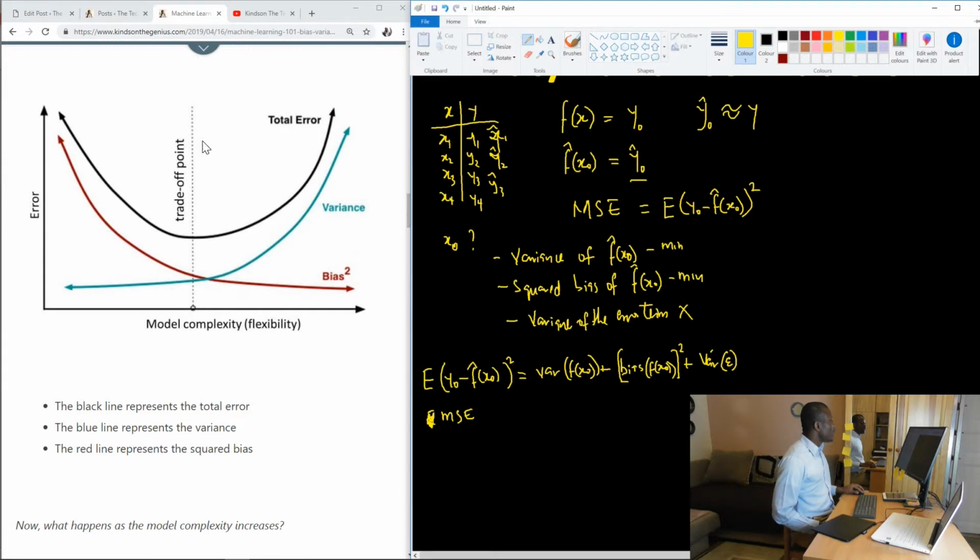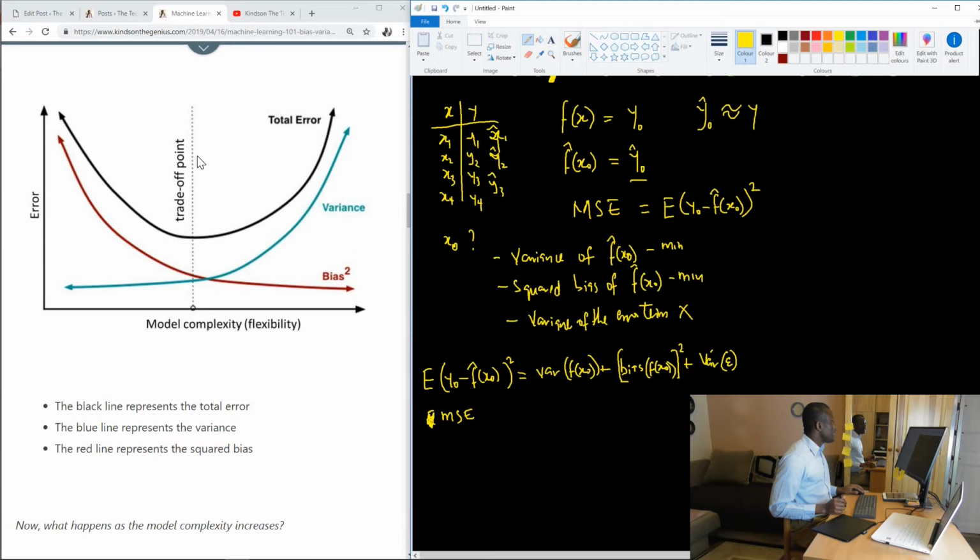Okay, so this middle point where you have the lowest total error is called the trade-off point. So this is called the trade-off point, and that is the trade-off between bias and variance, or the trade-off between model complexity and model simplicity.